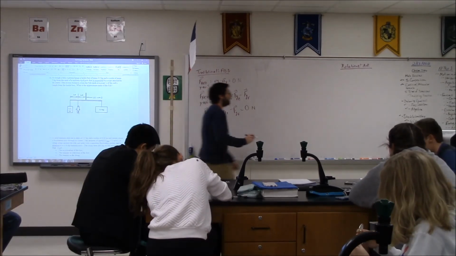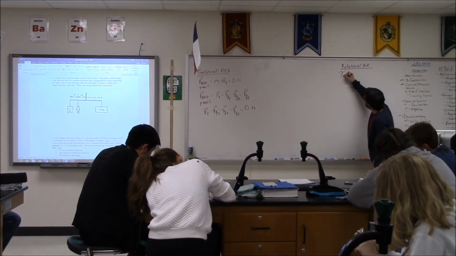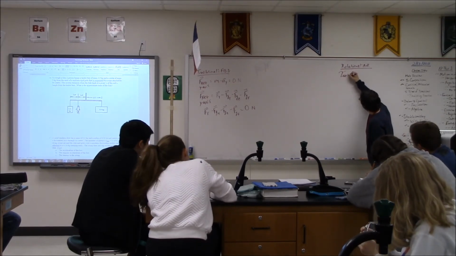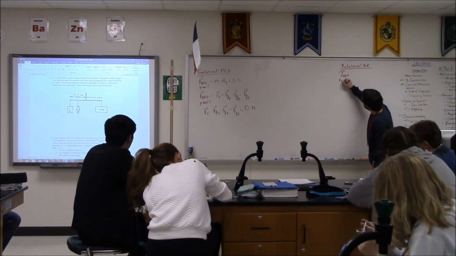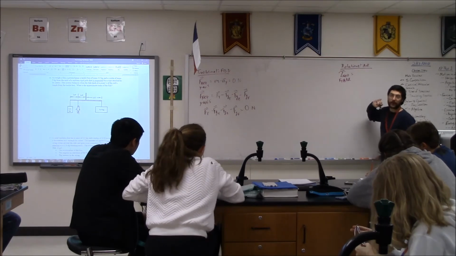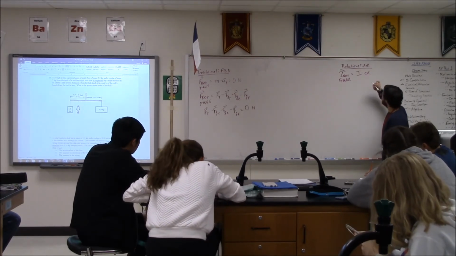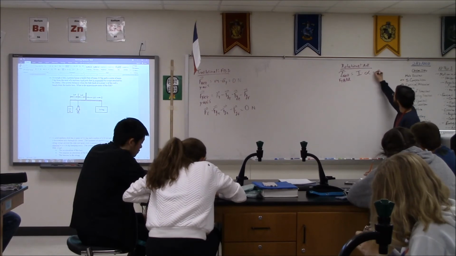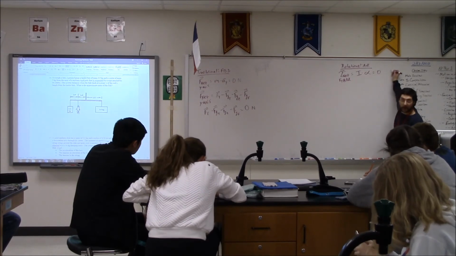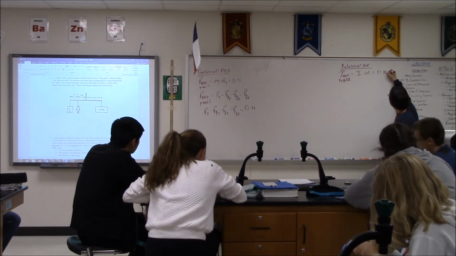Okay, so the torque net, when the tension force is at the axis of rotation, is equal to what? I times alpha. And since this is in equilibrium, what is that? 0 Newton meters.